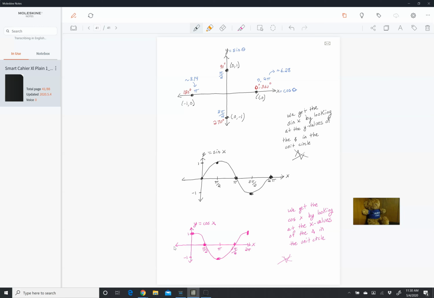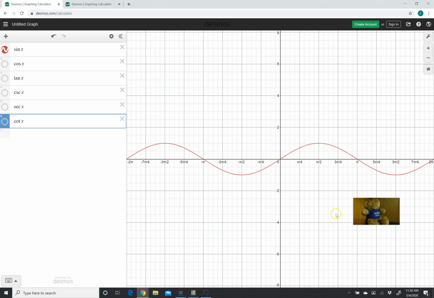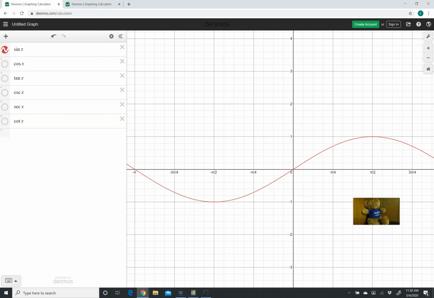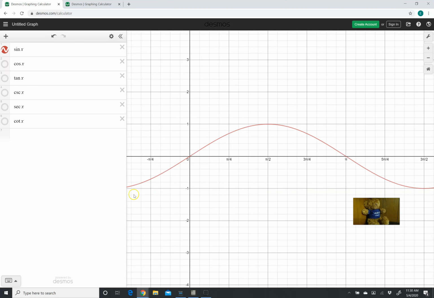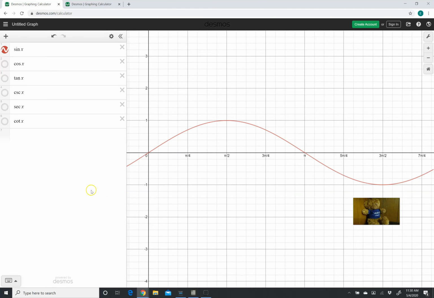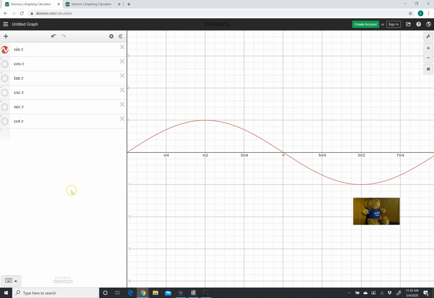Okay. So let's take a look at these graphs where it's easy to see what's going on. Okay. So this is the sine graph. So you could see the sine graph here.